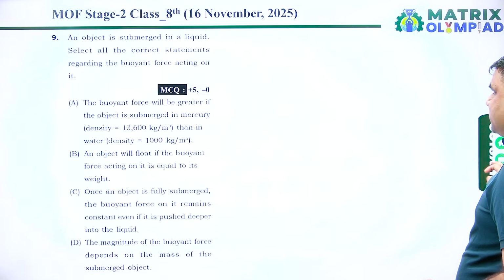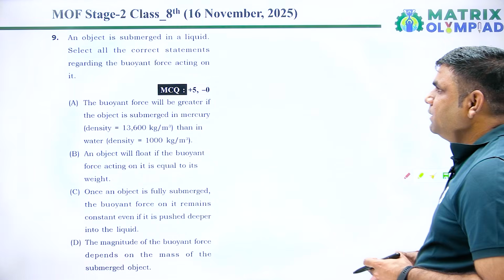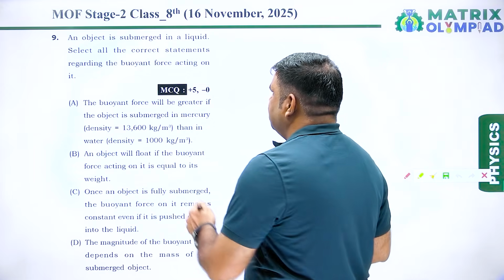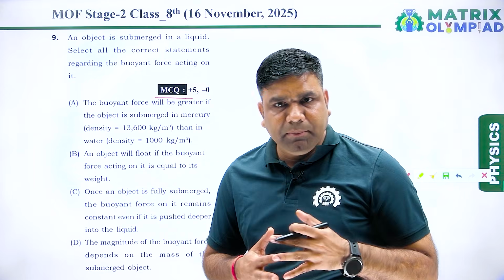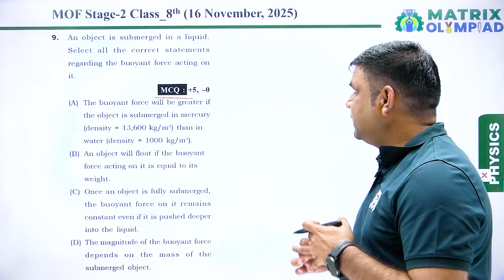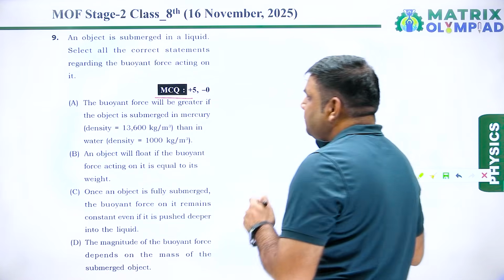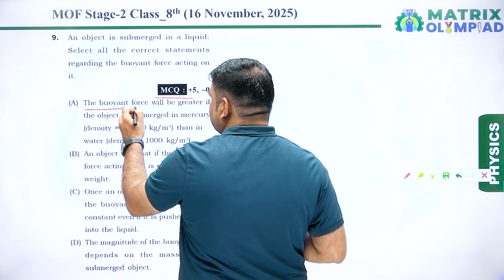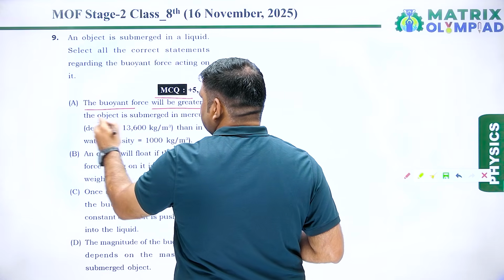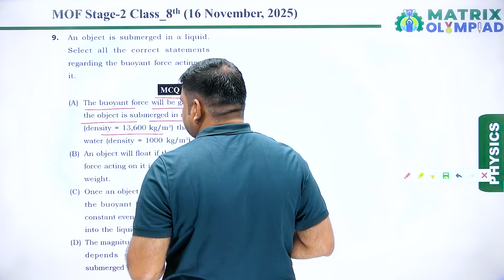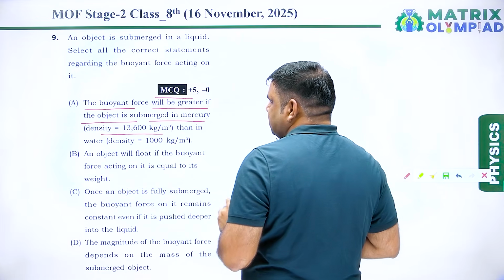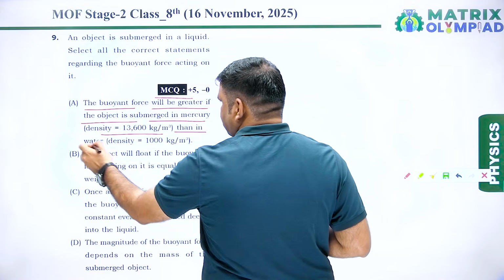Let's move to the next question, that is question number 9. Question number 9 is a multiple choice question, so more than one option can be correct. We have to find the correct statements. The first is, the buoyant force will be greater if the object is submerged in mercury, density 13,600 kg per meter cube, than in water.